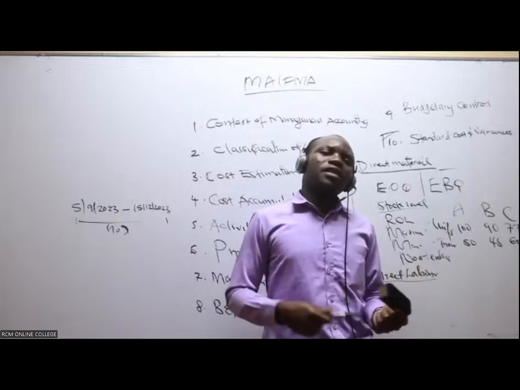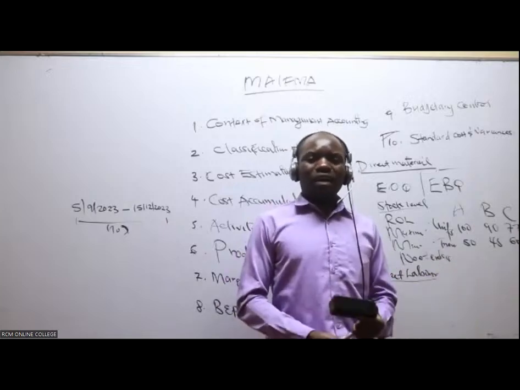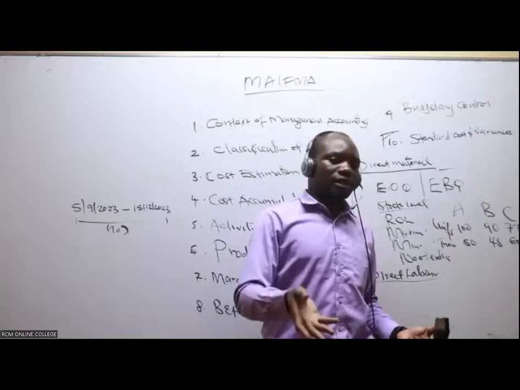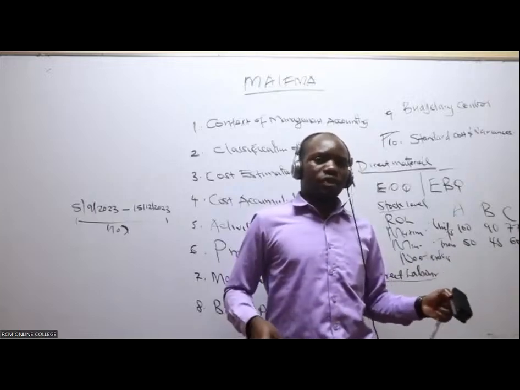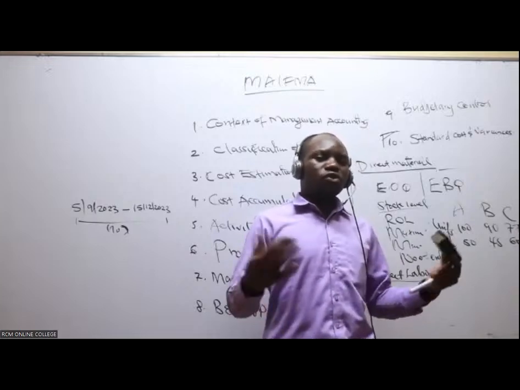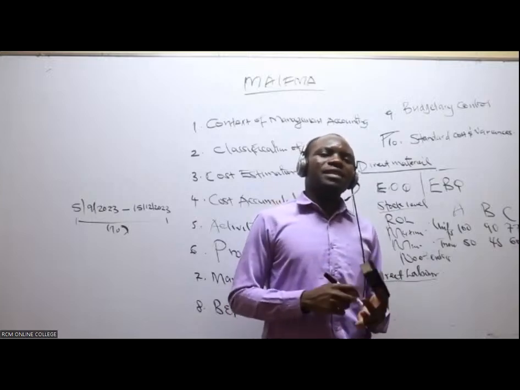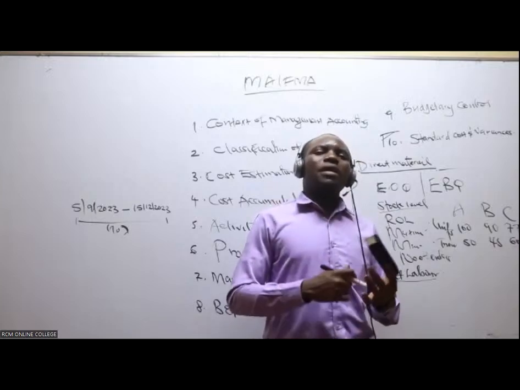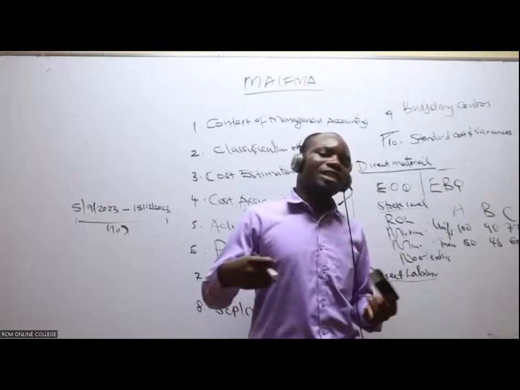Somebody worked for 35 hours, so it means somebody saved the company. If you saved the hours of work, you are entitled to what we call a bonus. If you worked beyond the normal hours, then you're going to be given what we call overtime. So for you to get the total salary that somebody should be paid, it is that basic rate plus bonus, that is on the time saved, plus overtime.